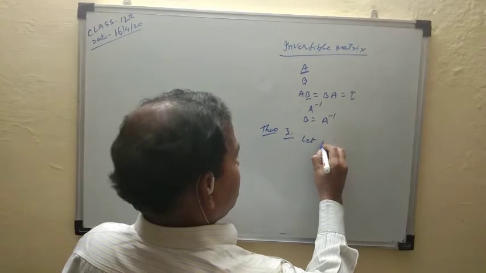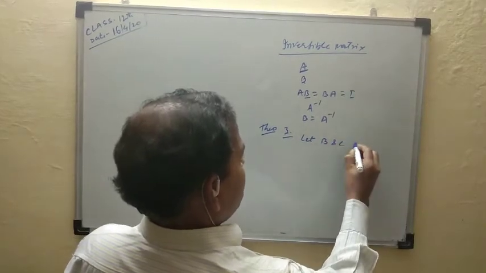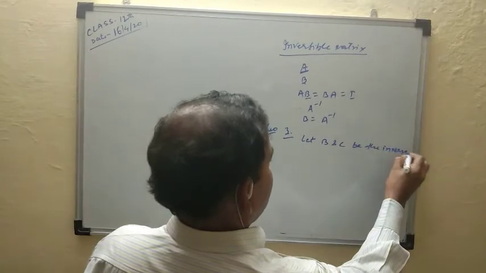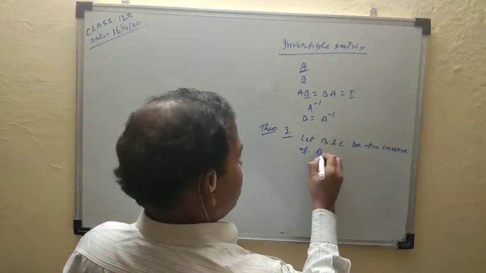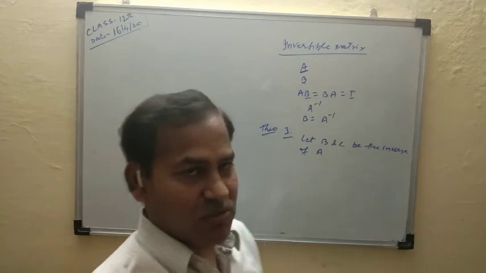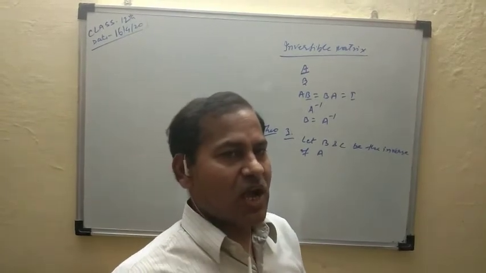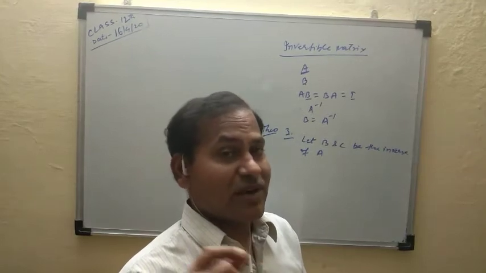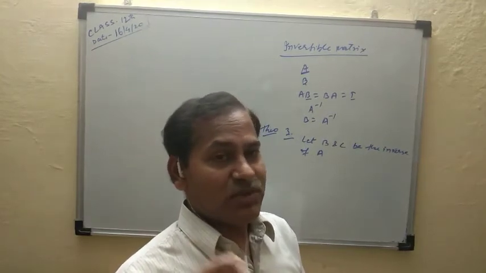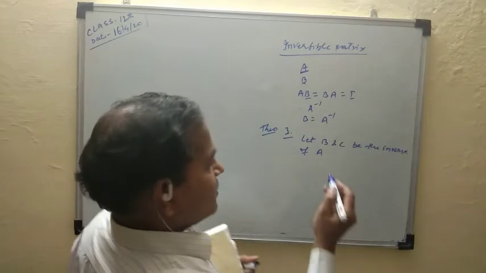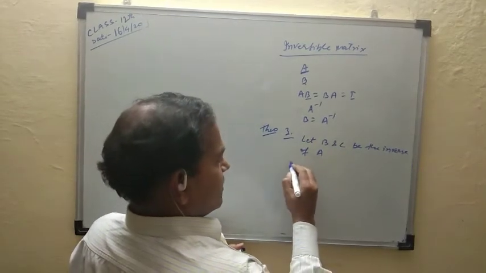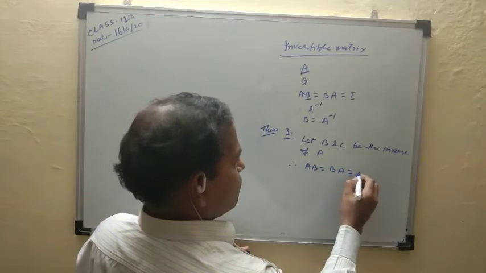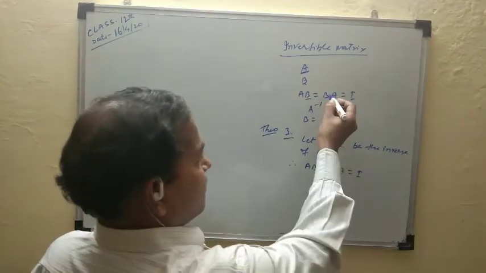Let B and C be inverses of A. If possible, we suppose that B and C are two inverses of a matrix A, but we want to show that the inverse is unique, that is, that B is equal to C. Since B is the inverse of A, therefore A into B is equal to B into A is equal to I by definition.